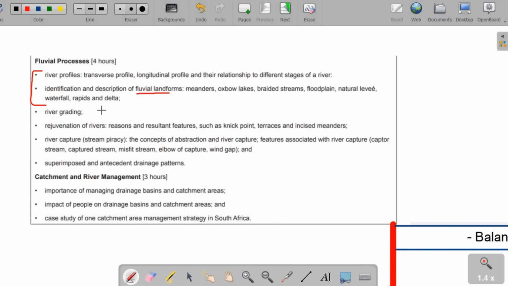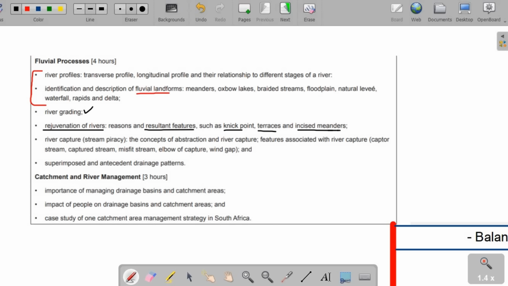So this implies that we will be covering, as I've illustrated, river grading and the rejuvenation of rivers. We'll explain why rivers get rejuvenated, and look at the resultant landforms such as your nick point, terraces, and incised meanders.